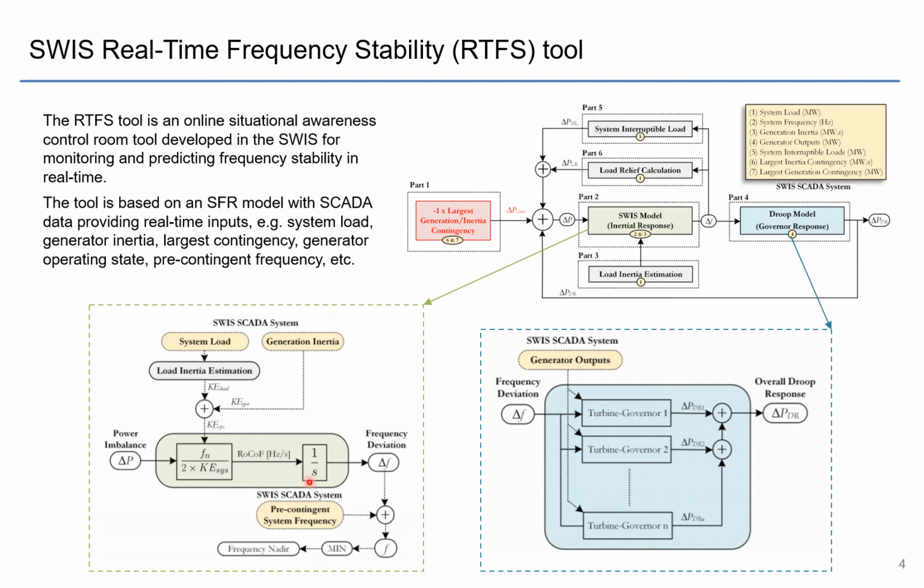And you have also the PFR model, which is basically a droop feedback model similar to that of the Anderson model, but with each generator represented individually with its own parameters. And then from the SCADA data, we have the breaker status, the operating status, and the outputs of each generator.